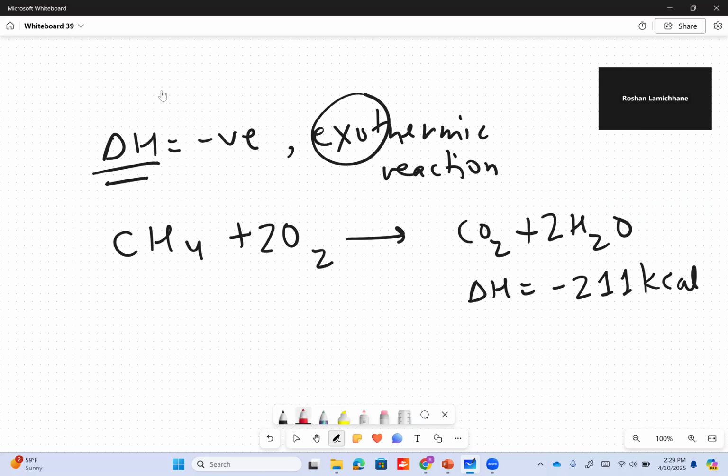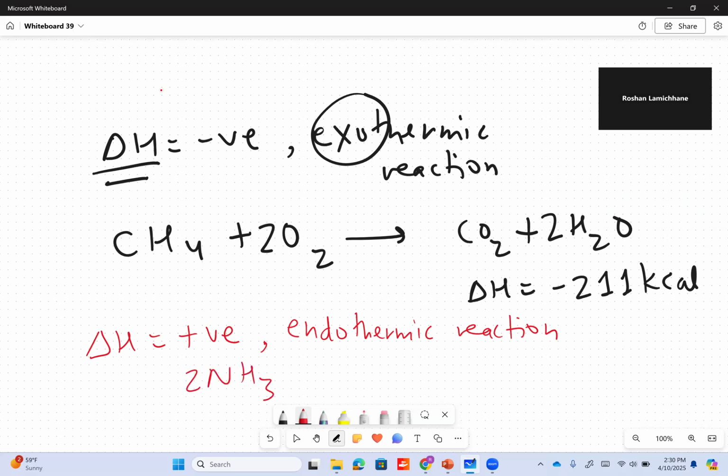All right, in our second reaction, delta H is going to have a positive value. When that happens, it indicates that it's an endothermic change or reaction. In our other reaction, I could have written down something like this, our reaction of interest.